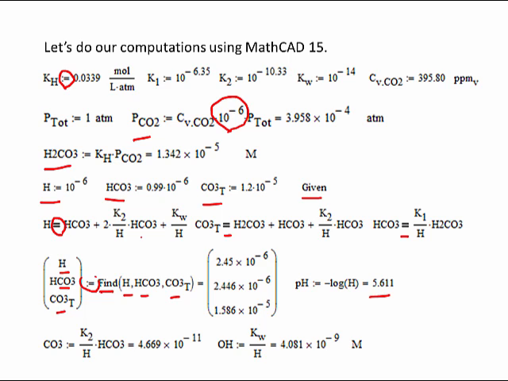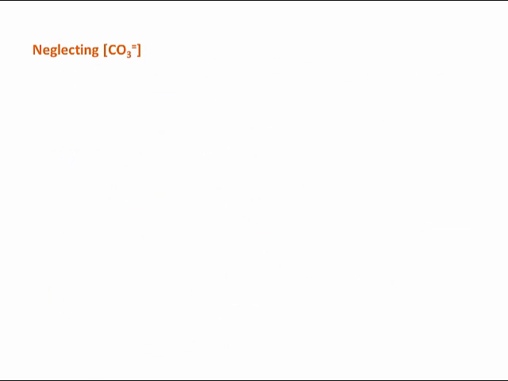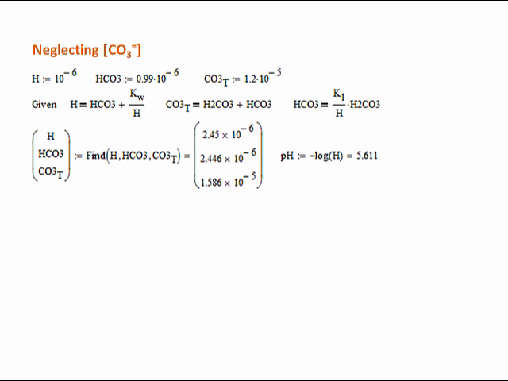We finish up the computation by calculating the carbonate concentration and the hydroxide concentration. We see that those are very, very small. So let's see what the result would be if we neglected the carbonate ion concentration. We again have our MathCAD output. The only thing that we have done here is we've removed carbonate from the proton balance and the mass balance. We see here that our pH, to 4 significant figures, is identical to that for the full solution.